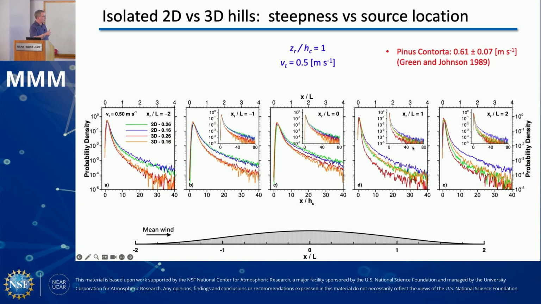But there's also a lot of shear that will help them launch. So the point is, this is the end of my bin, so I didn't let it go beyond 80H, 80 canopy heights downstream, but I should have let those go longer because there's clearly the potential for these seeds to go even further downstream than what I show.